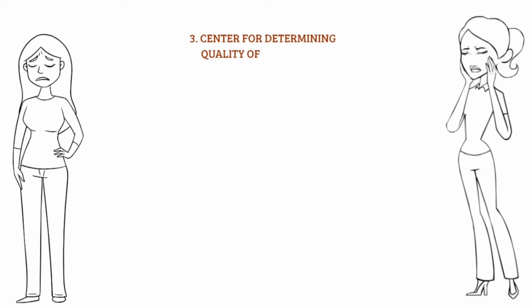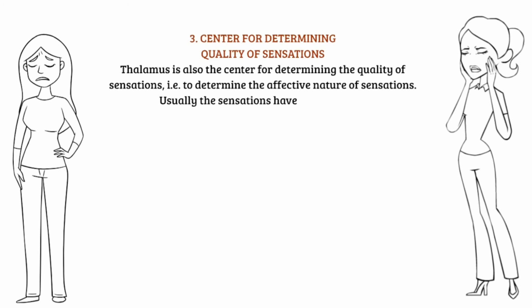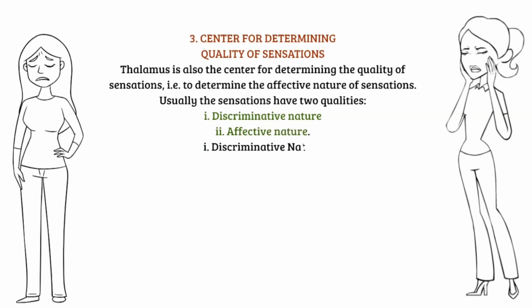Function number 3, it is the center for determining quality of sensations. Thalamus is also the center for determining the quality of sensation, that is, to determine the affective nature of sensations. Usually, the sensations have two qualities. Number 1, discriminative nature, and number 2, affective nature. Now, what is discriminative nature?